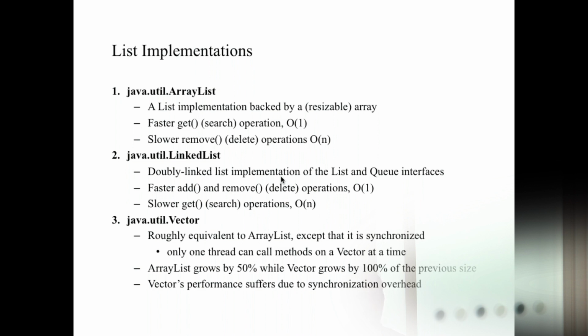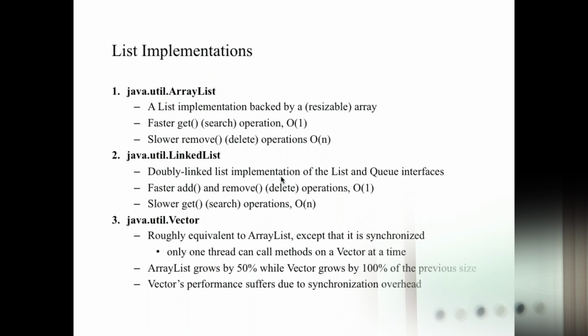If you have a first element, you have a next pointer pointing to the next element, and if it's a doubly linked list, it also maintains a pointer to the previous element. It's like a chain: the data is linked together, and each element points to the next, and also to the previous one.